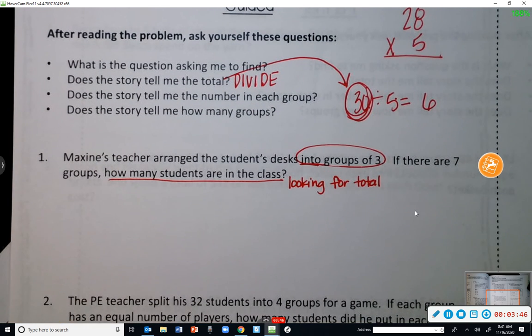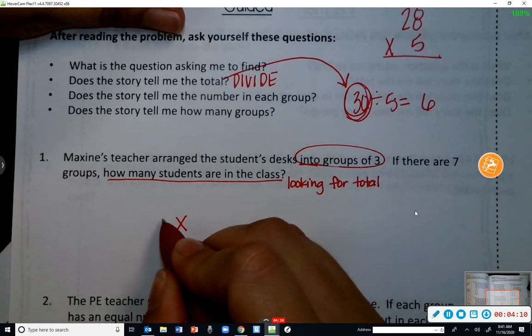So do you think I'm going to multiply or divide if I'm looking for a total? Multiply. Remember, multiplication is just a quicker way to give you a total, like addition.